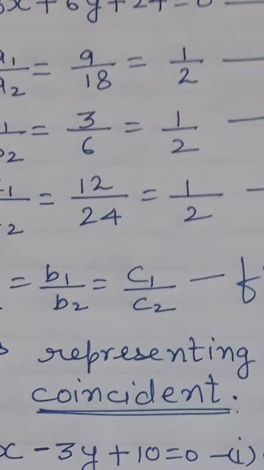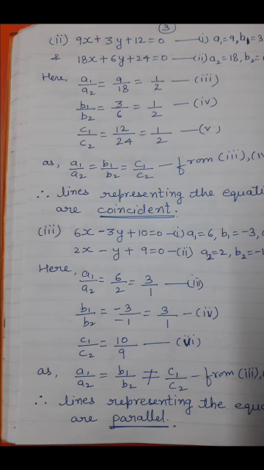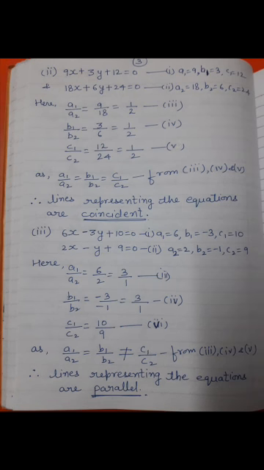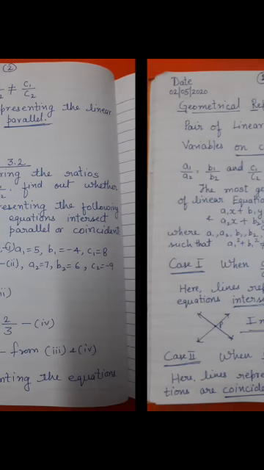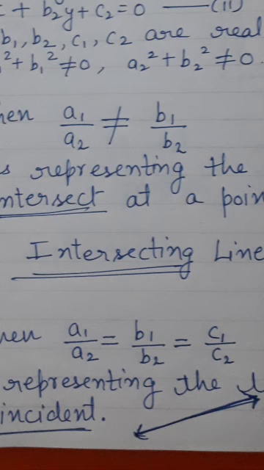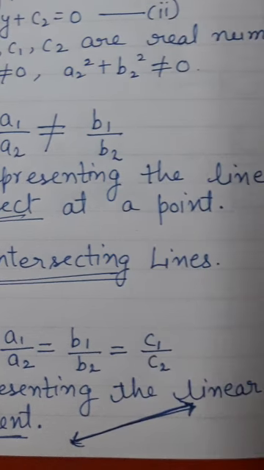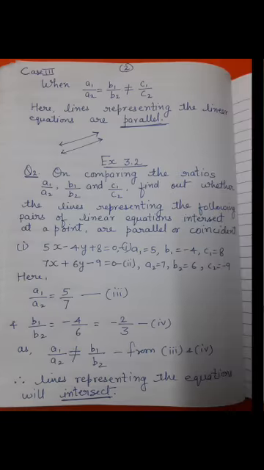All are equal to 1 by 2. As all these three are equal, it means lines representing these equations will be coincident or they fall on each other. This is the second case which we have studied. When a1 by a2 is equal to b1 by b2 is equal to c1 by c2, the lines are coincident. It means they fall on each other.